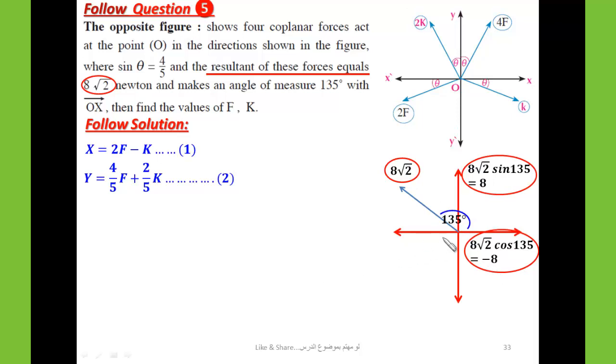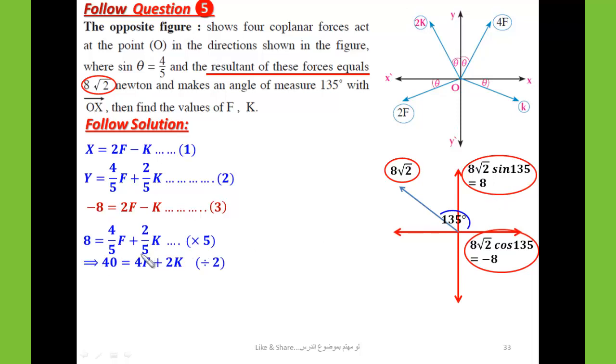And in the perpendicular direction, the component of the resultant is 8 root 2 sine 135, which equals 8. So we have y equals 8 and x equals negative 8. And we substitute. X equals negative 8 and y equals 8. We write it.